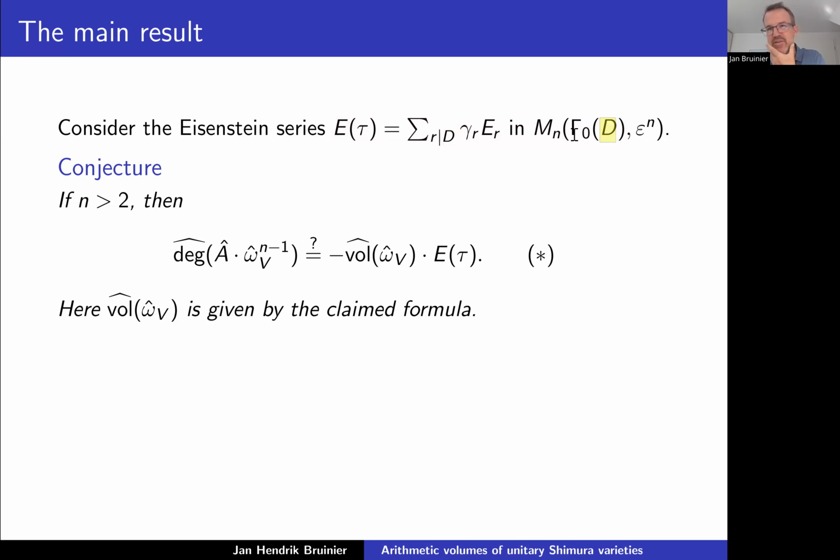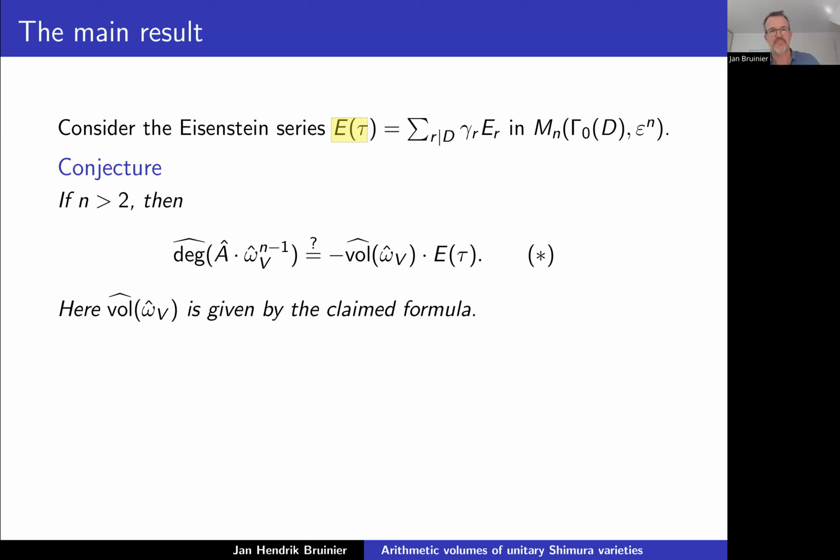The cusps of the modular curve for gamma 0 D are in bijection with the divisors of D. For every cusp you have an Eisenstein series, and then there is a natural linear combination of these Eisenstein series for the different cusps that I denote by E of tau in this space. And here these gamma R are just some fourth roots of unity that are given by certain Weil indices. Not so important maybe. The important thing is just that this is a particular Eisenstein series.